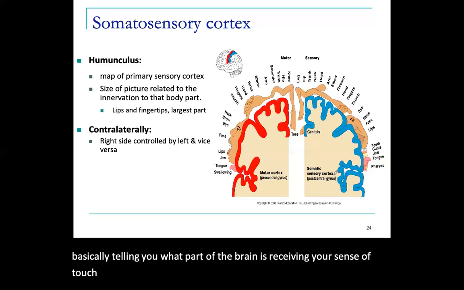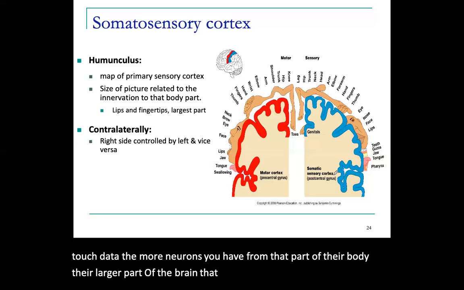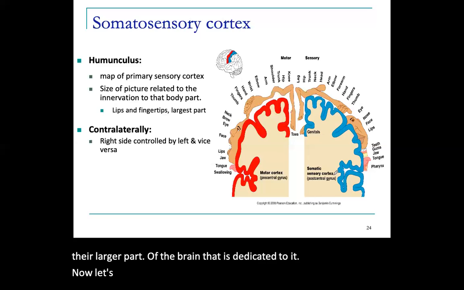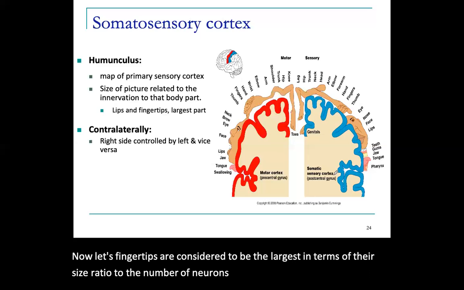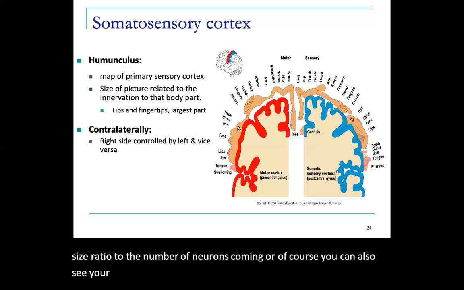The more neurons you have from that part of the body, the larger the part of the brain dedicated to it. Lips and fingertips are considered the largest in terms of their size ratio to the number of neurons coming in. But you can also see your face as a whole is considered relatively large in terms of number of neurons.